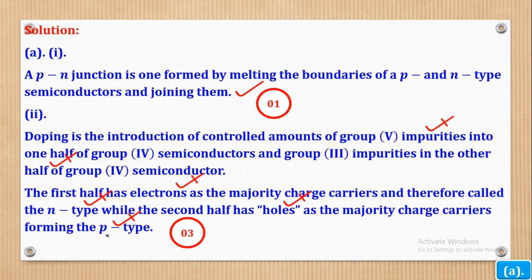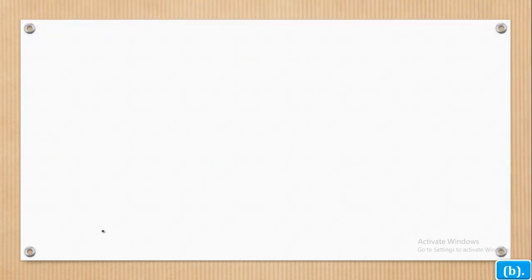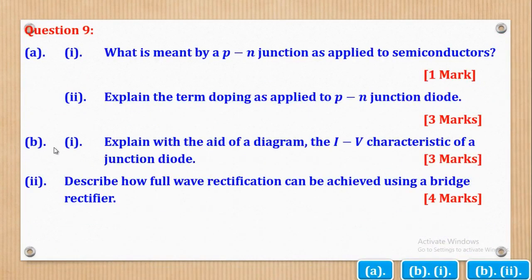So that is how marks would be awarded. So now we shall go to part B. So part B, Roman 1 says, explain with the aid of a diagram the IV characteristic of a p-n junction diode.